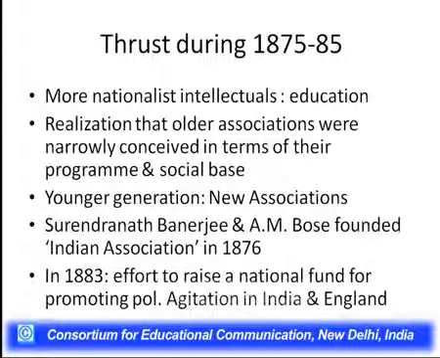For example, the Indian Association in 1876, and they were also trying to raise certain funds for promoting political agitation in India and England. So during that particular period, a number of associations were being formed, and the people who were educated, who were communicating with each other in the English language, who were also starting a number of newspapers, realized that they had to make some kind of concerted efforts at the all India level, so that they are able to in a way confront the British.